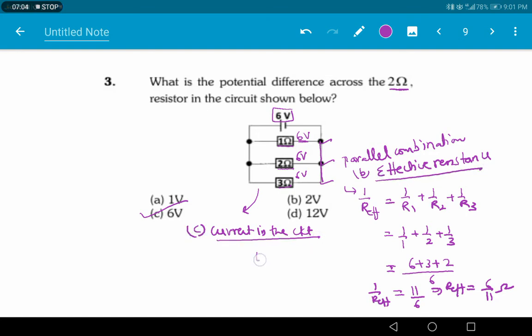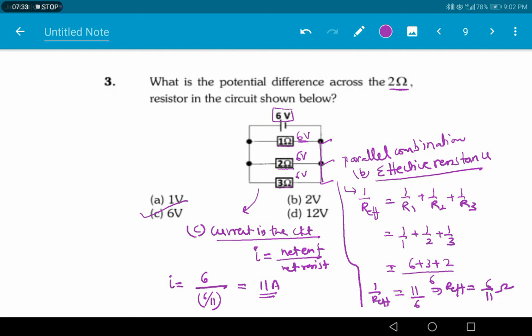Current is equal to net EMF by net resistance. Net EMF is nothing but the potential difference applied in the circuit. So 6 volt divided by 6 by 11. Therefore we are going to get 11 ampere as the current in the circuit.